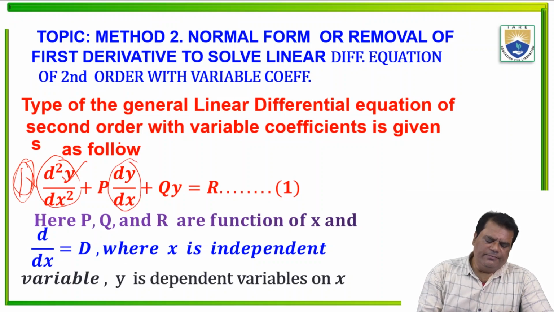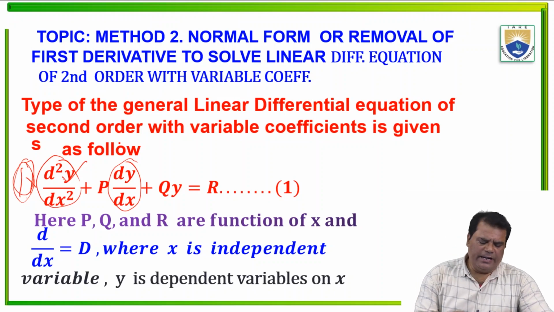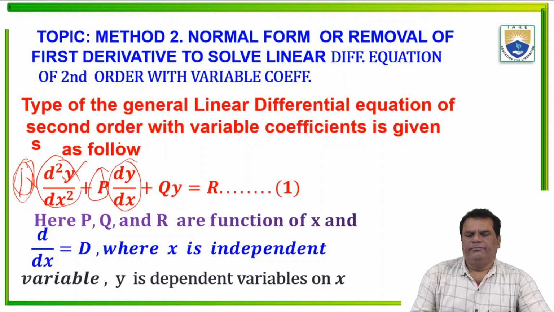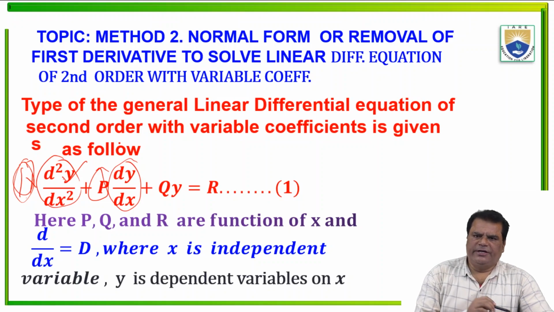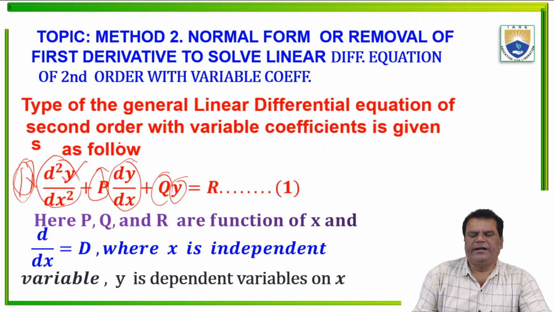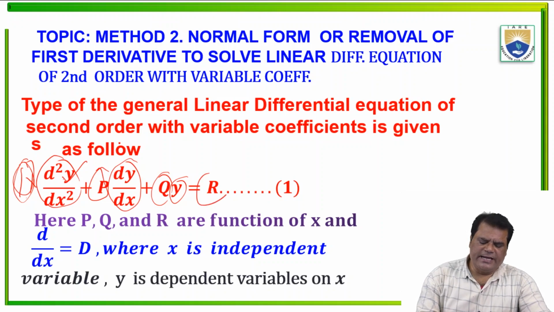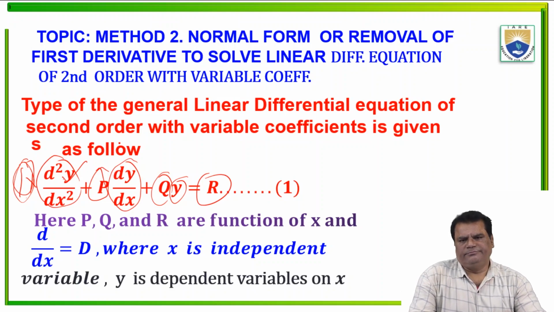Now the second term is the first order derivative dy/dx, and there is some function p multiplied with the first derivative. In the third term is the function y, and q is also some function multiplied with y. y is the dependent variable, x is the independent variable, y is dependent on x. In the right hand side there is some function r. r is a function of x.